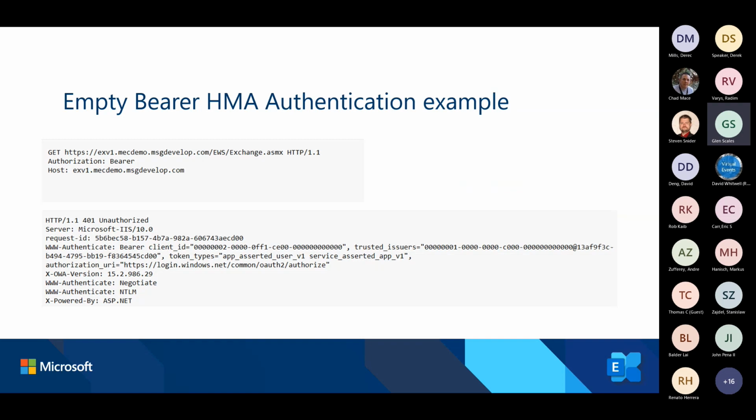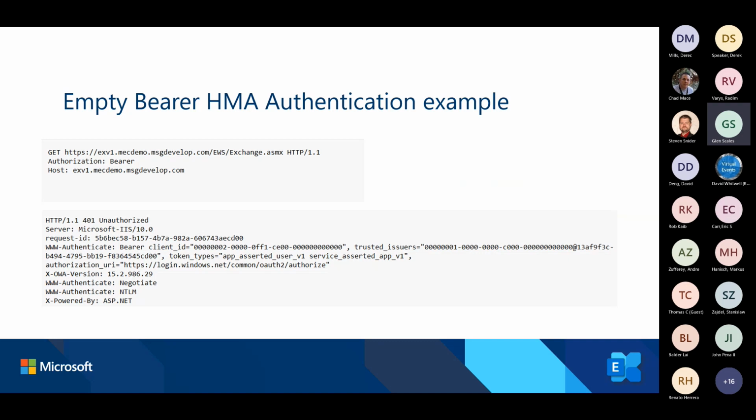This is a simple HTTP GET with a blank authorization bearer header. What you get back as a response is a 401 challenge response, like you get in integrated or NTLM authentication. You can then check the WWW-Authenticate headers.